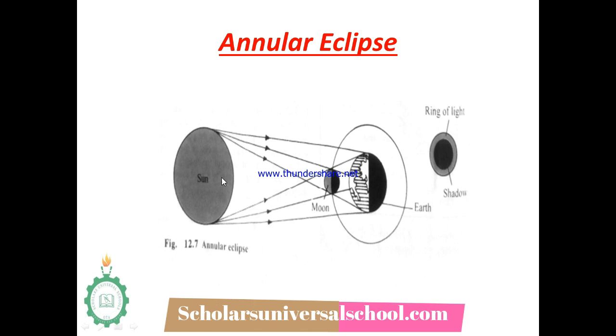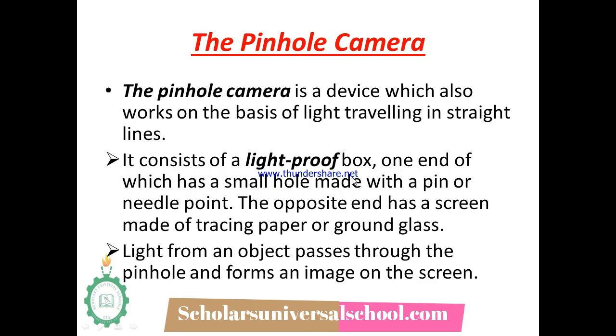But before the rays coming from the sun touch the moon, you can see they have met at this point. That is what brings about the annular eclipse. So you can see this diagram here is what is giving you here. You have the umbra region and a ring of light around the moon. It is like you are having a full umbra on the moon, but you are still having what, a ring of light around it.